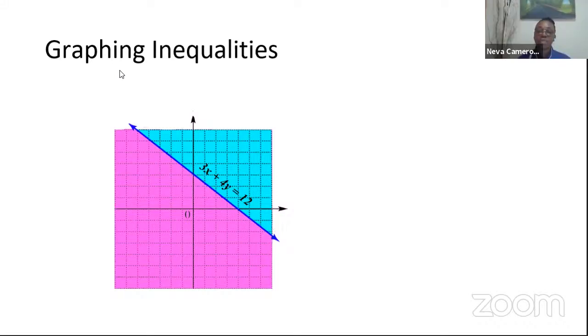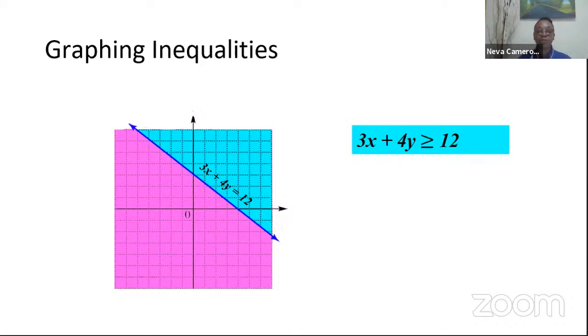All right, so when we are shading the region based on the conditions, if we are talking about a region that is less than, we would shade below the line. And you remember we spoke about the solid line. So in this case, it would be less than or equal to. All right, let's go to the magenta. I like the word magenta.